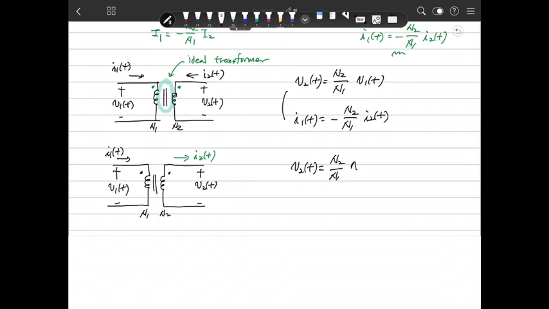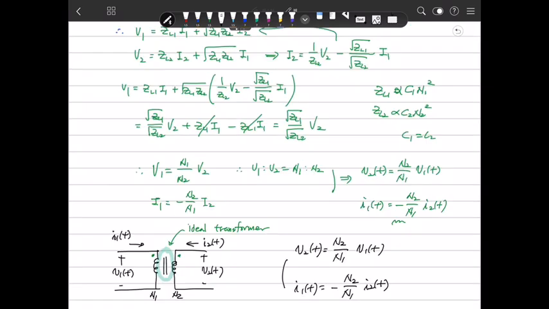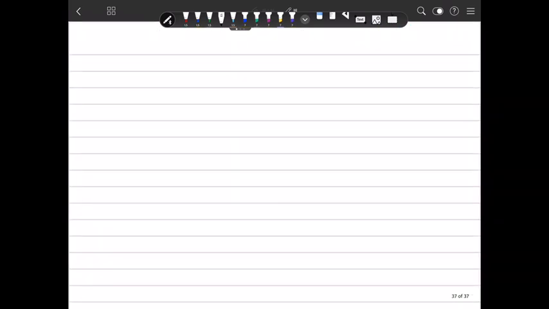But I1(t) is in this manner. This is an ideal transformer.